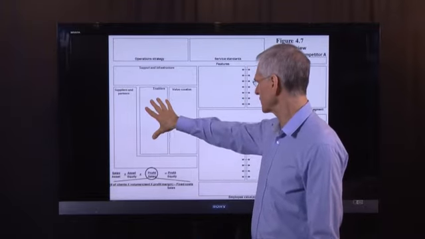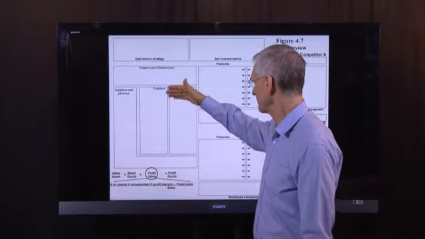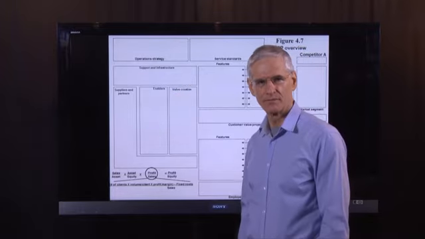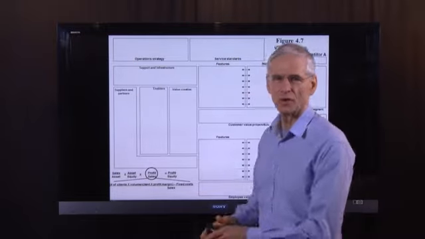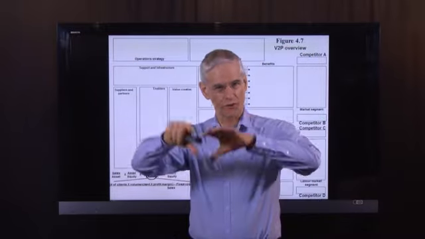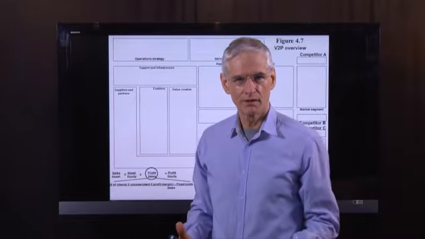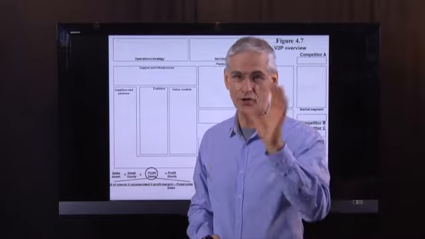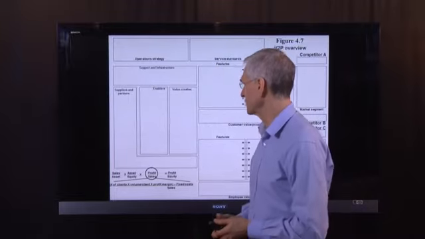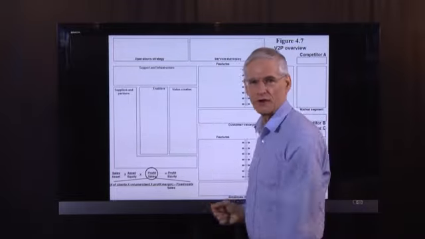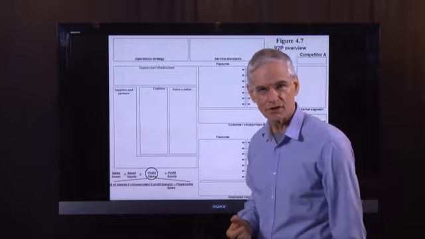Enablers are the processes that make it possible for these to function day in and day out. Support and infrastructure, of course, is maintaining the service-scape, so that it could be the virtual service-scape, the physical service-scape, depending on the type of business you're in, that will allow this to function. The administrative service-scape as well.